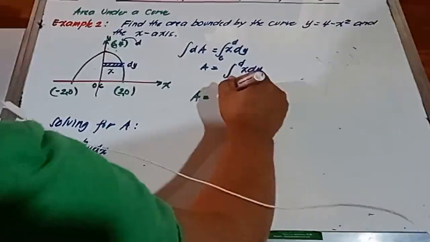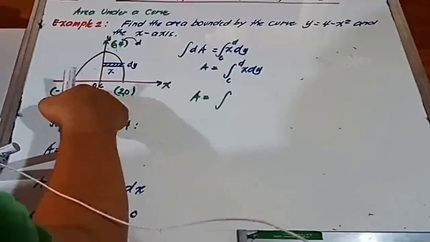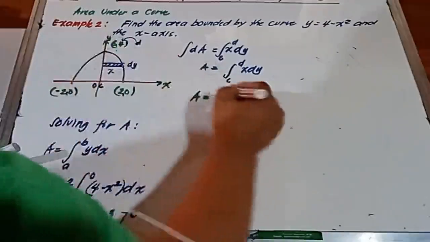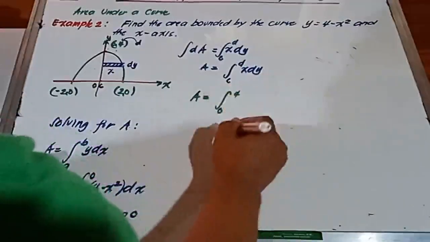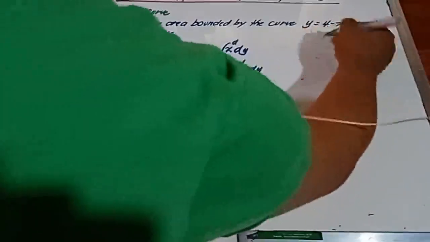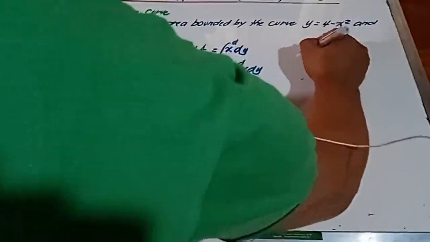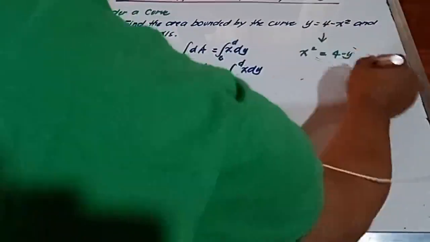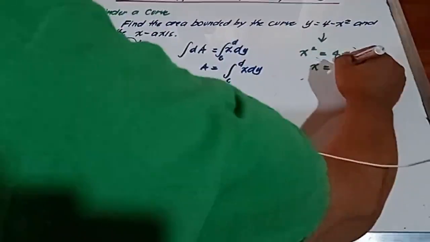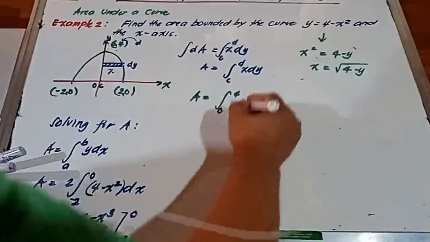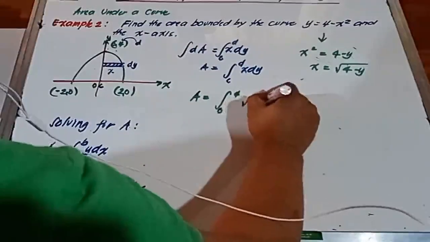Okay? Pag ito ang gagawin nating method, ganito ang solution. Area equals integral of, ang C natin ay 0 to 4. X. Ang X natin is, from this one, we have x squared equals 4 minus y. Square root both sides, we have x equal to square root of 4 minus y. Okay? That's square root of 4 minus y dy.